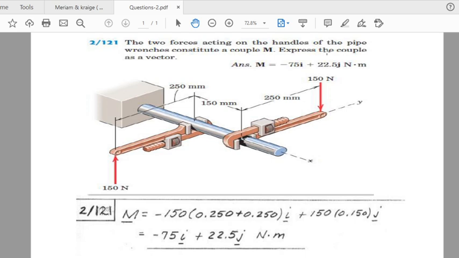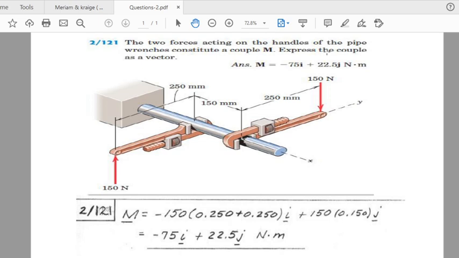So we can write the coordinates of these 2 points. If you look at the axis system, the origin is at the center of the pipe on the wrench on which we have the 150 Newton force in the downward direction, wherever this wrench is holding the pipe.